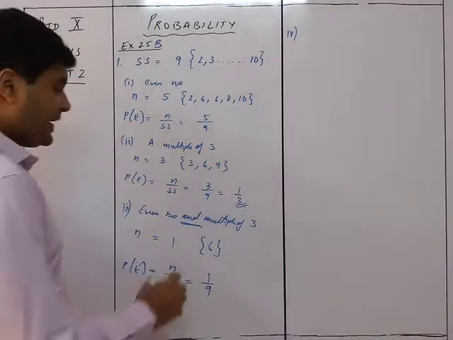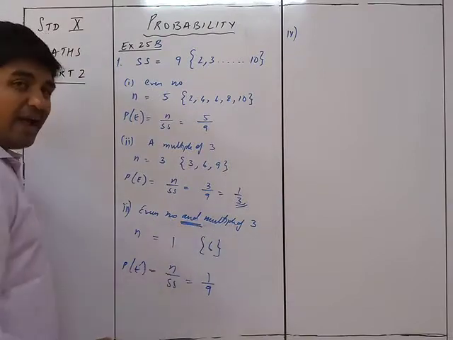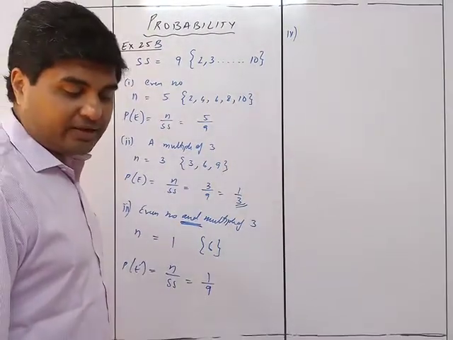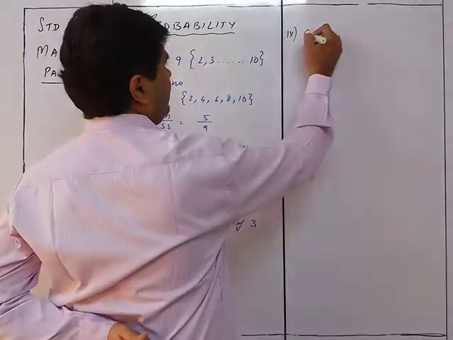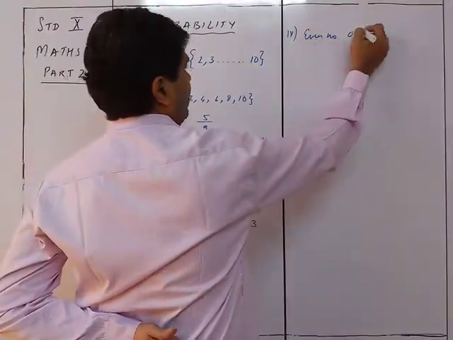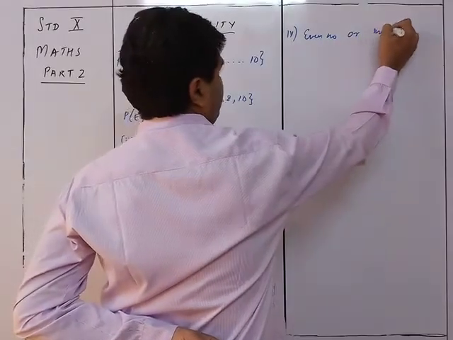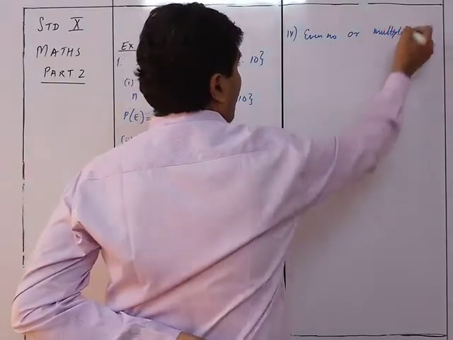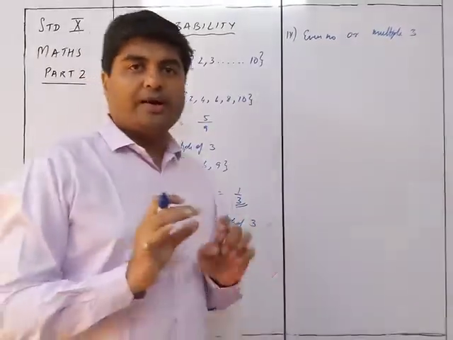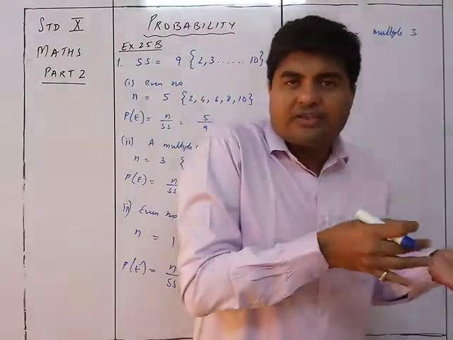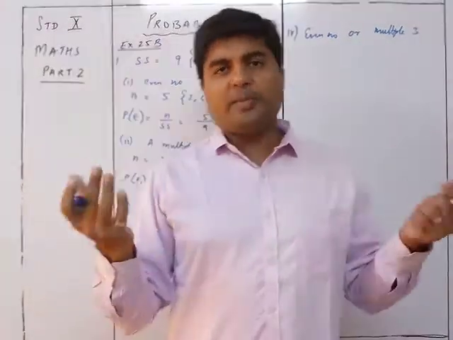Be very careful with these words AND and OR, because the moment I saw the next question as OR, it struck my mind that we have done it wrong. So, even number or multiple of 3. When it is a multiple of 3 or even, it means either can hold. We don't need both conditions; it should either be an even number or a multiple of 3, either one will work.